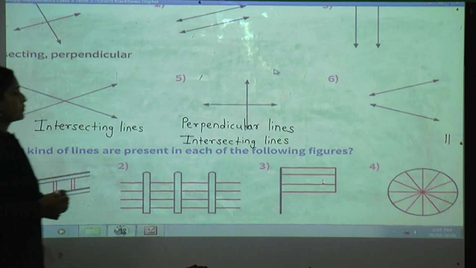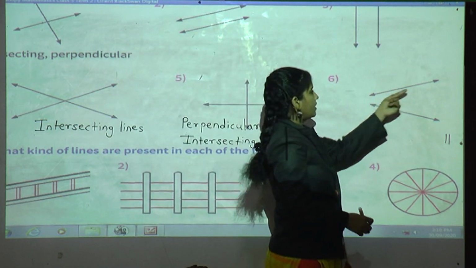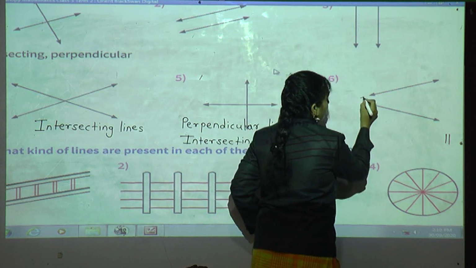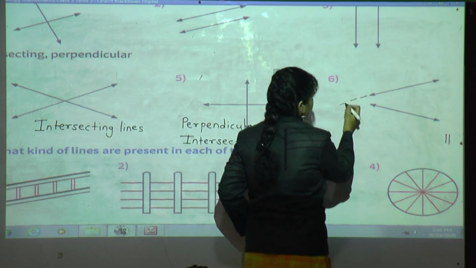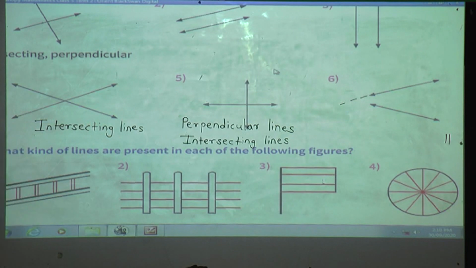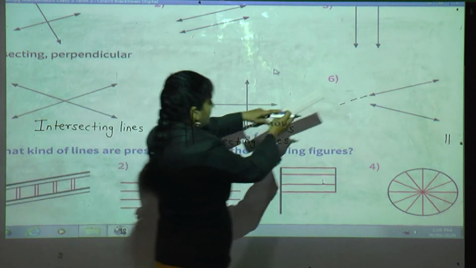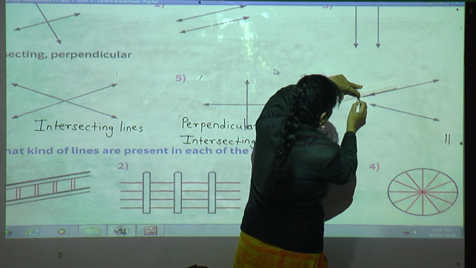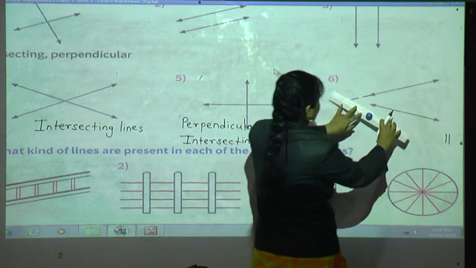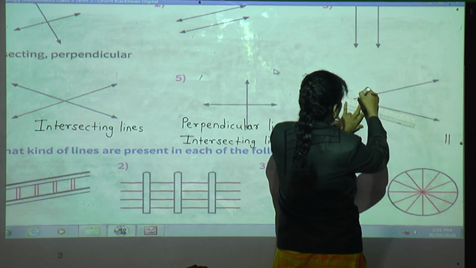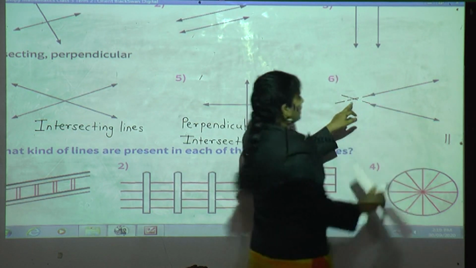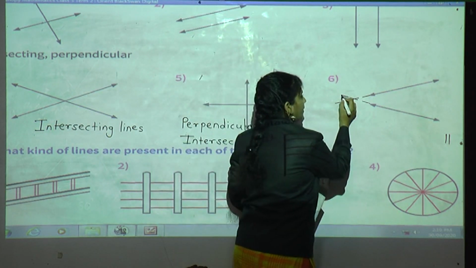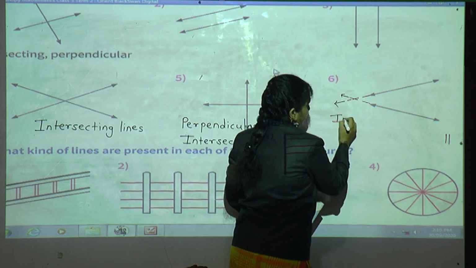Yes students, if we extend these two lines with a scale, they intersect each other, so that's why they are intersecting lines.